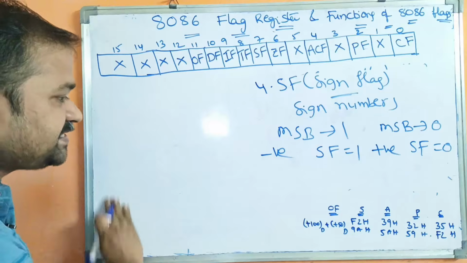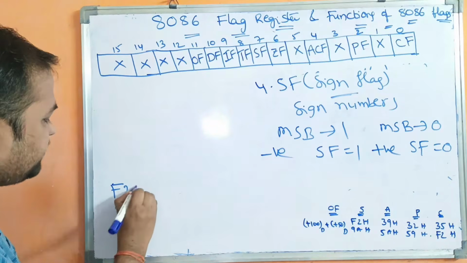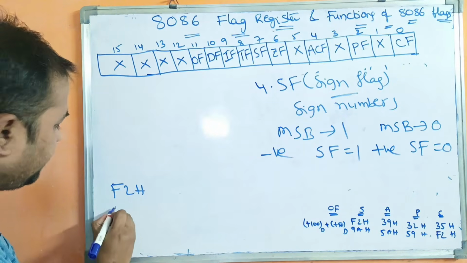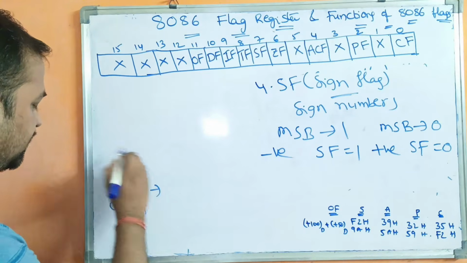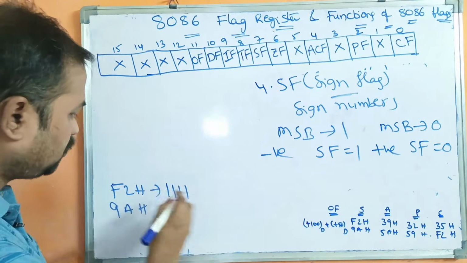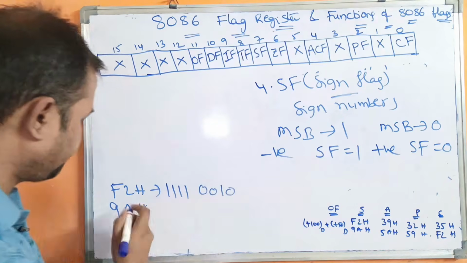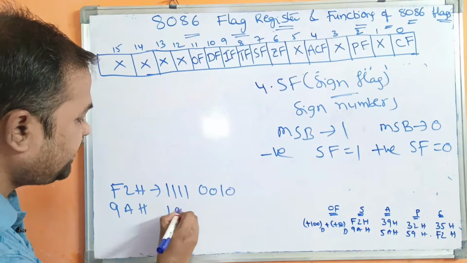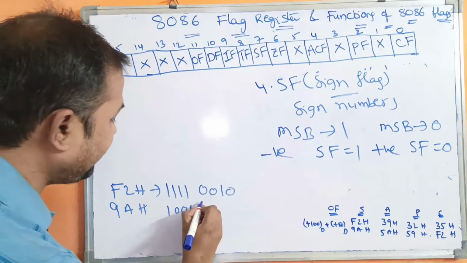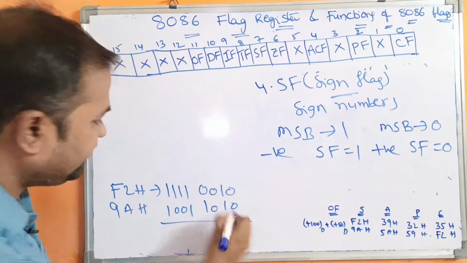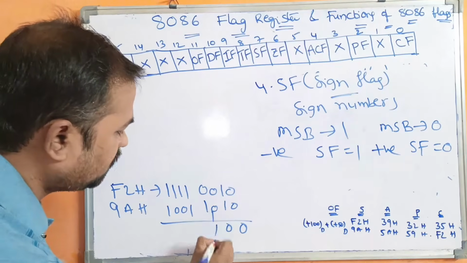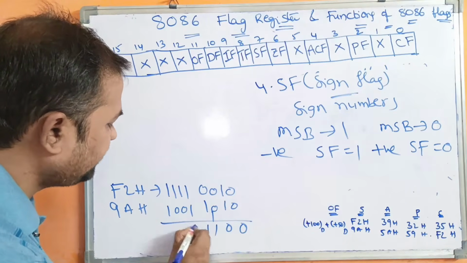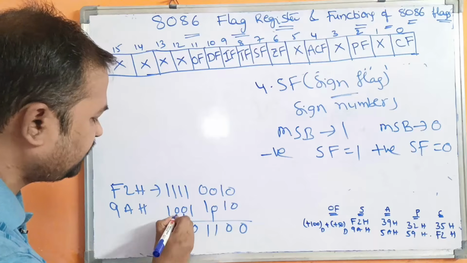Okay. Now let us see an example for this. Let the first number be F2H, and the second number be 9AH. So F means what? 15. So 15 means all ones. 2 means 0010. 9 means 1001. A means 10, 1010. Let us perform the addition operation. 1 plus 1 means 0 with a carry 1. 1 plus 1 means 0 with a carry 1. 1 plus 1 means 0 with a carry 1.